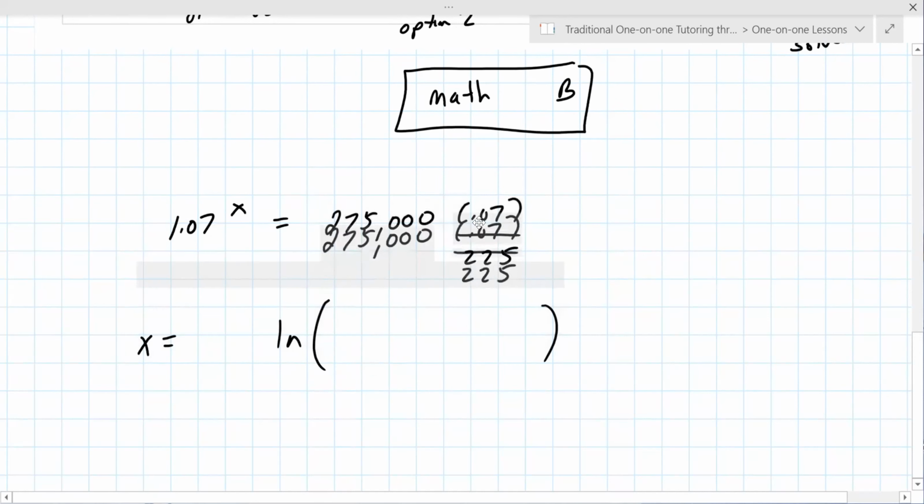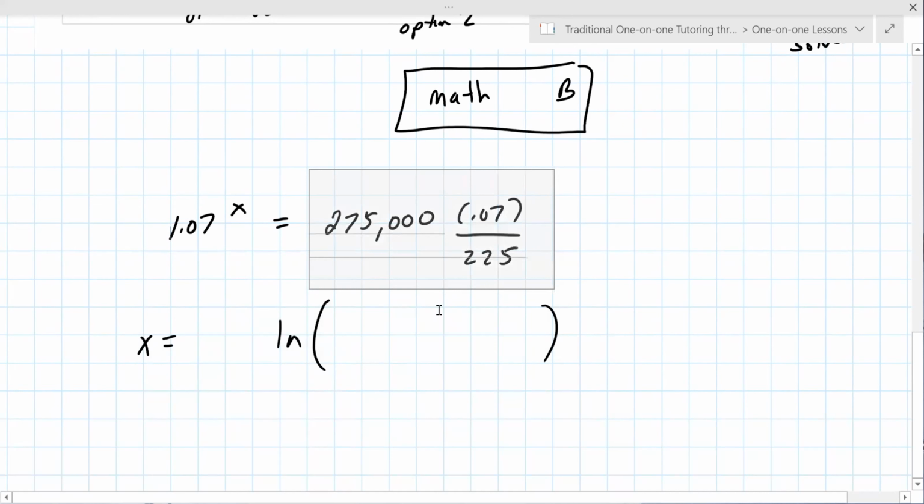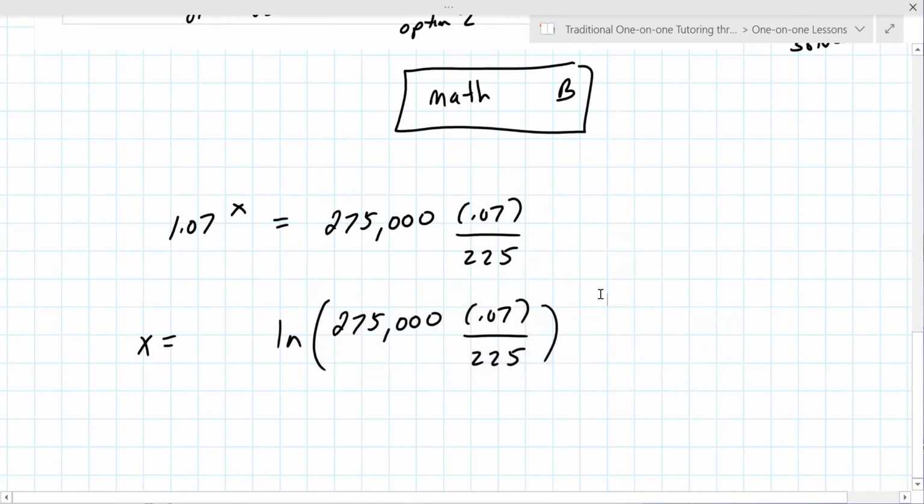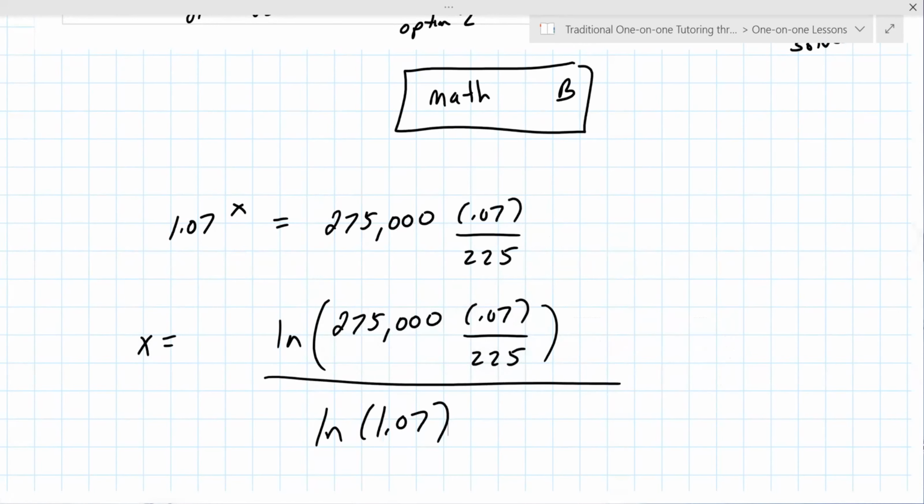And hopefully you guys can enter all this into your calculator in one step. Save you a ton of time by doing this. Wow, can't copy anything. Copy, paste. Okay, that wasn't any faster. And then you divide by the natural log of 1.07.